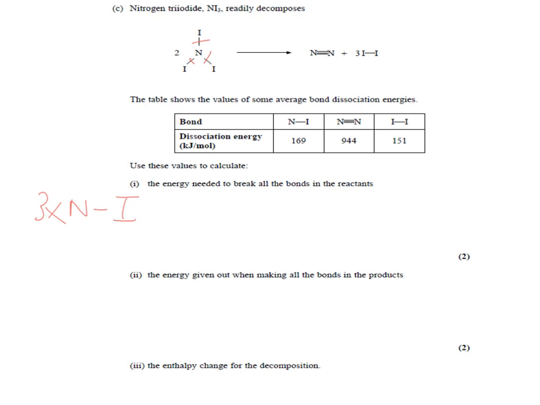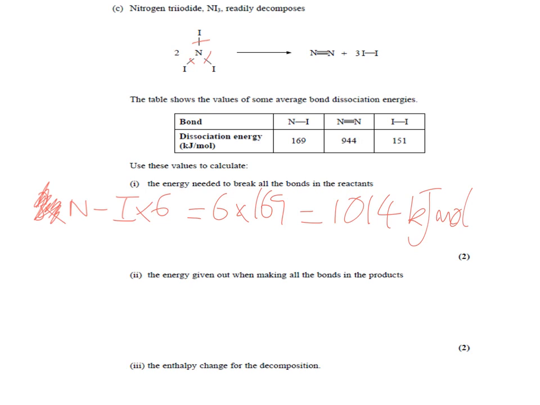So instead of rubbing it out, which I can't, I will very tidily write times 6 here. So I'll have a look at my table. 169. So it's 6 times 169, which is 1014. And my units are kilojoules per mole, which is exactly what they are on the table.